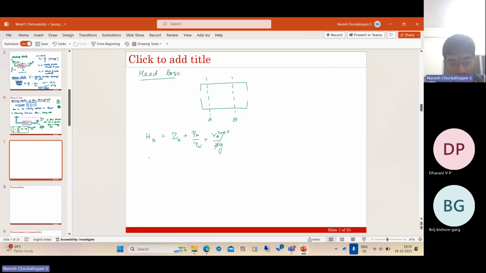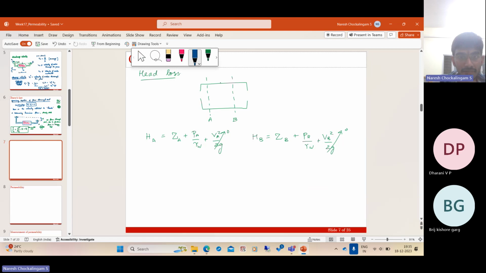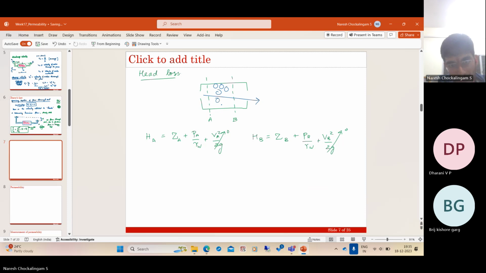And in flow through soil, the velocity head can be neglected. The total head at section B is the elevation head plus the pressure head plus the velocity head. If we have Bernoulli type flow, then HA should be equal to HB. On the other hand, if there is flow in this direction through soil particles, there is frictional dissipation. Therefore, HA is greater than HB, and the difference is called the head loss. The loss in total head is HA minus HB.